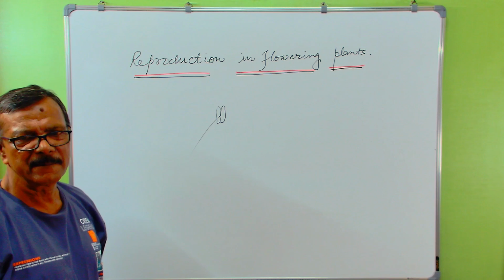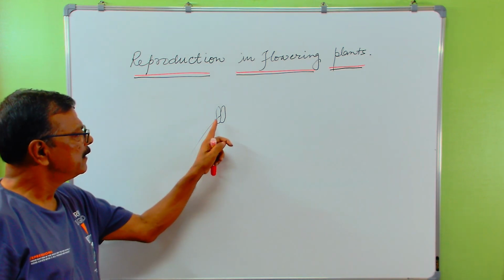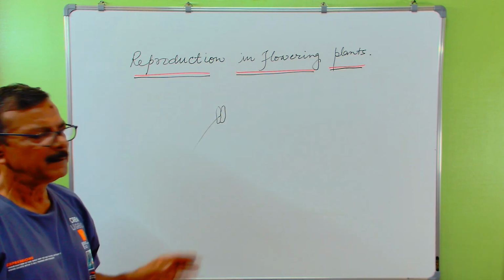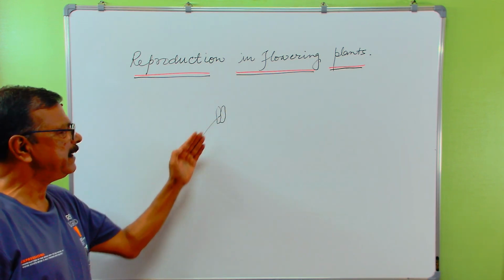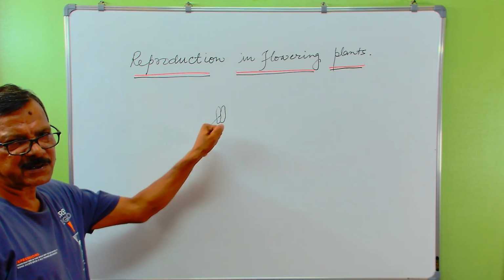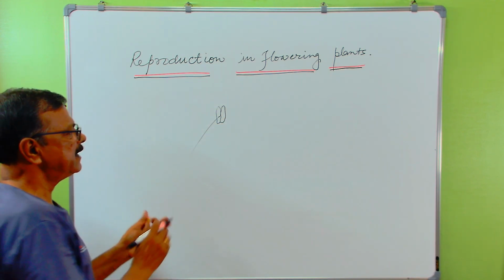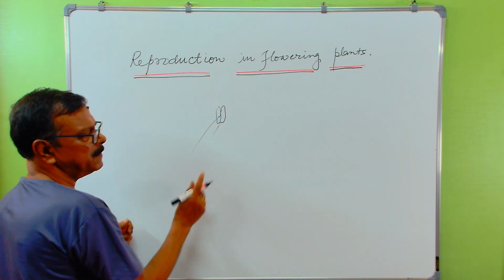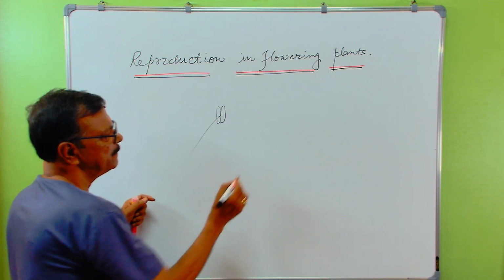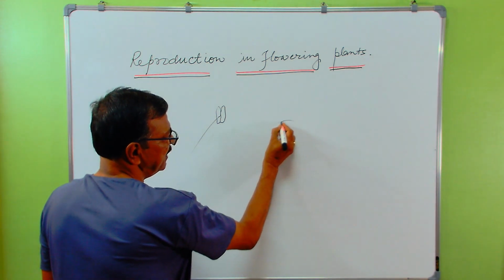Okay. Now we'll cut the anther, not the filament. Filament is holding it. It can hold from the dorsal side, called dorsifixed. It can hold from here, called basifixed. So many other nomenclatures are there. So we'll cut it.